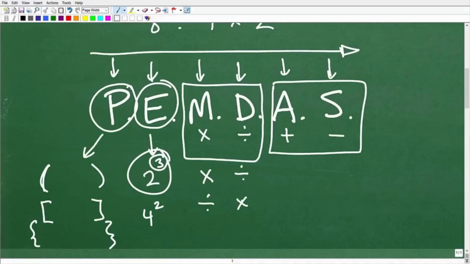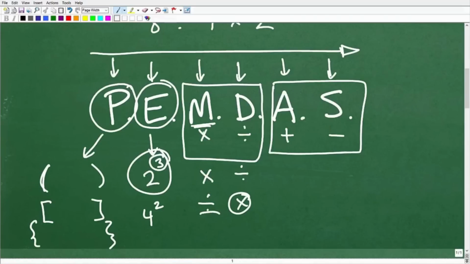Now, many students confuse this because they think to themselves, oh, I must do multiplication all the time before division, and they do multiplication in the wrong order. Okay, so this is a big area of misunderstanding.